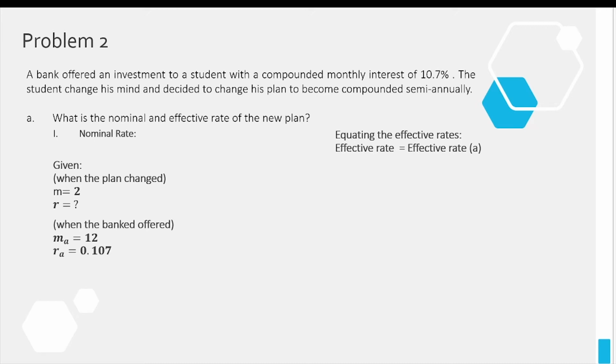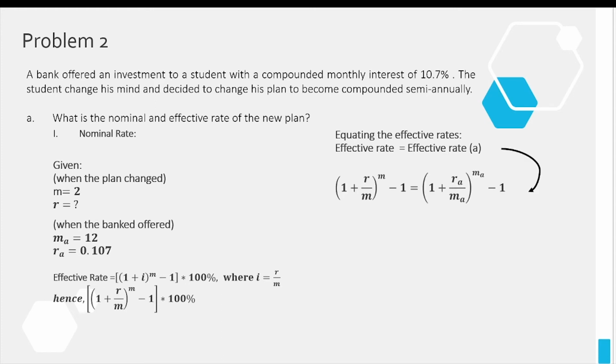So, from the corresponding equation, we obtain the effective rate formula equals the quantity 1 plus i raised to m minus 1 times 100%, where i equals r over m. So substituting i, we obtain the quantity 1 plus r over m raised to m minus 1 times 100%. From the corresponding equation, we obtain the quantity 1 plus r over m raised to m minus 1 equals the quantity 1 plus r sub a over m sub a raised to m sub a minus 1.